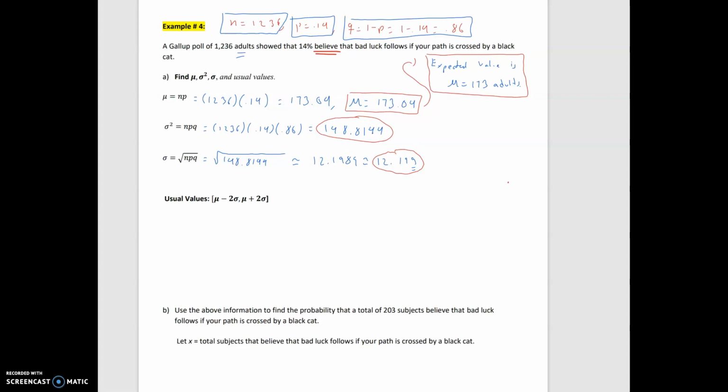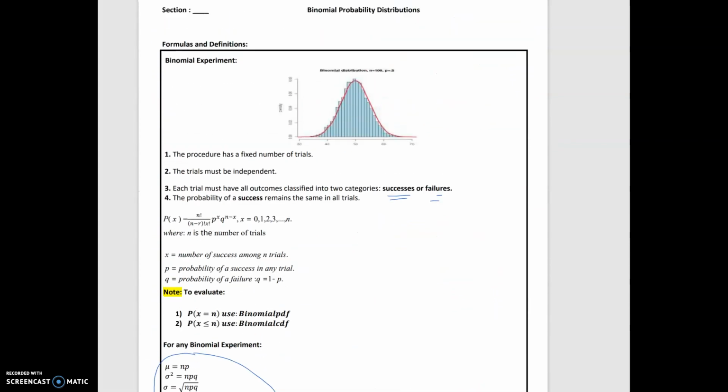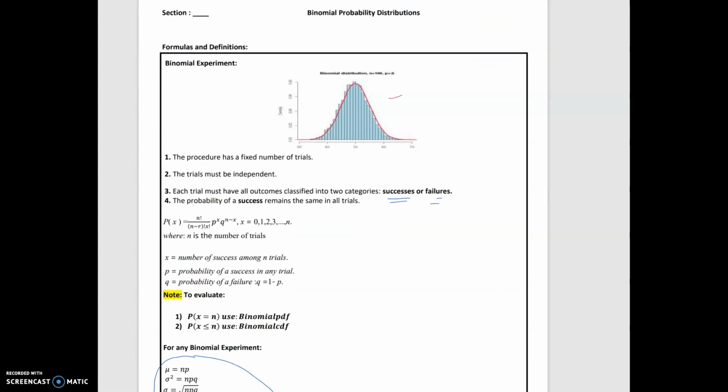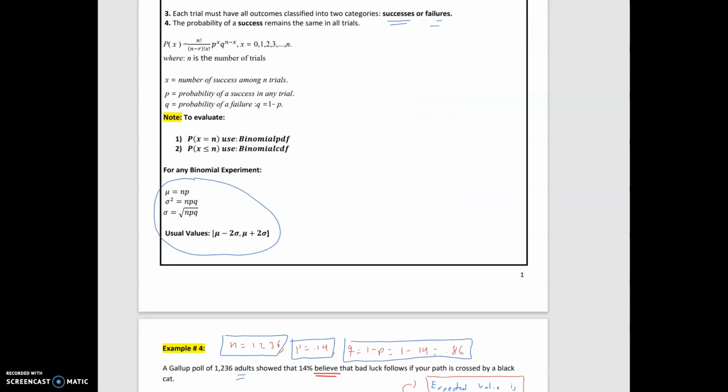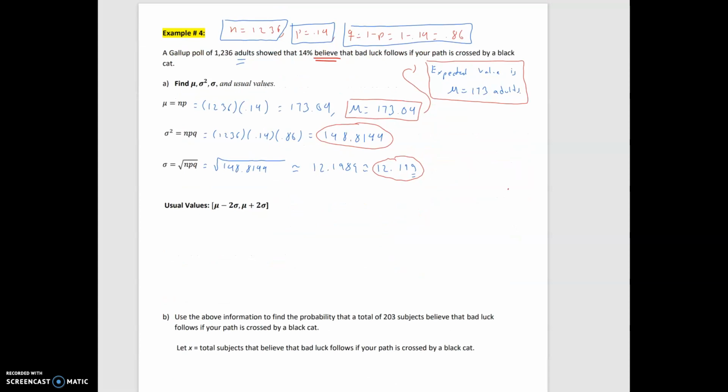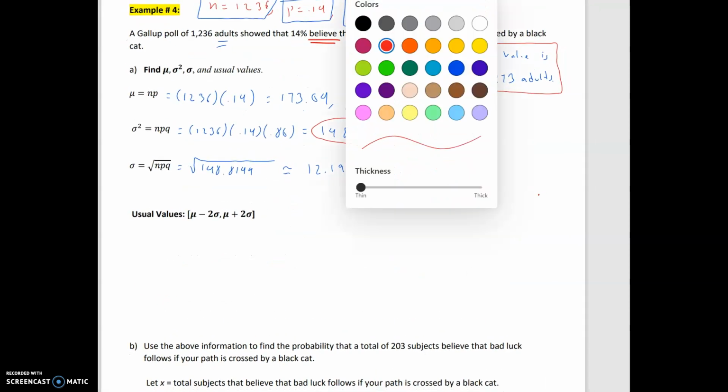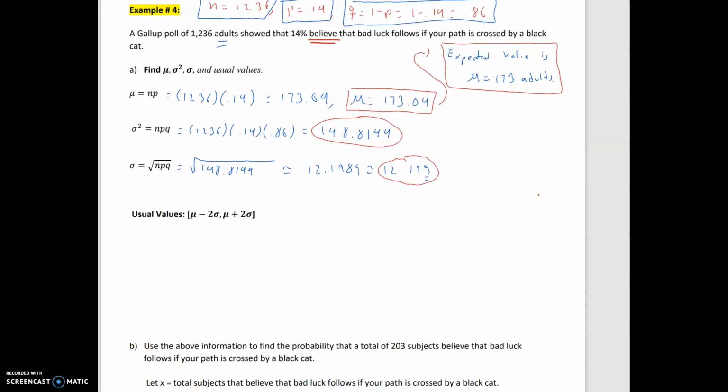Okay, for the usual values, since some of these binomial distributions may be bell-shaped, we're still looking at plus or minus 2 standard deviations away from the mean. For any usual values, and this is specifically if it's asking for the software, you want to use the actual values, not the expected value that was rounded.